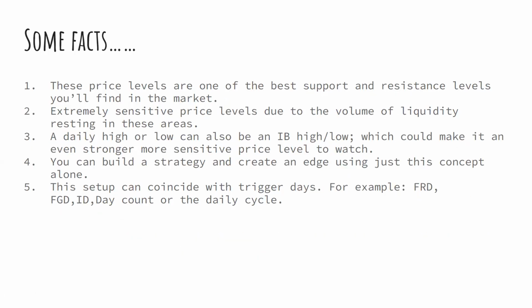So let me elaborate a little bit on that. For example, if the previous day's high has been triggered and yesterday gave you a first red day signal, and price gets to that previous day's high, you're anticipating a sell on the first red day and price getting to the previous day's high.